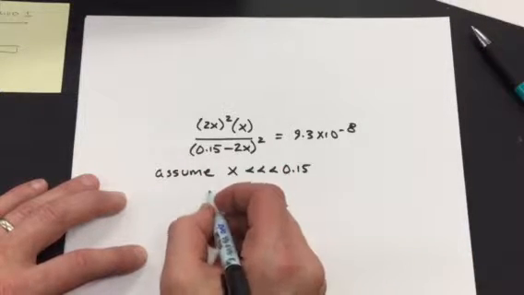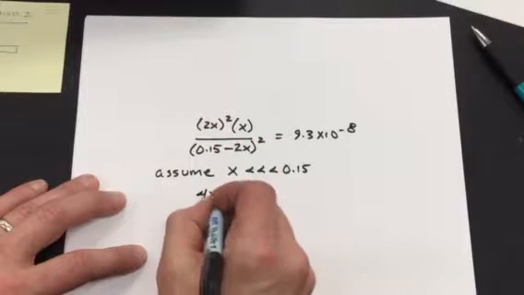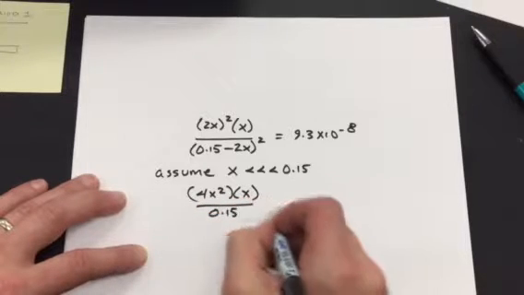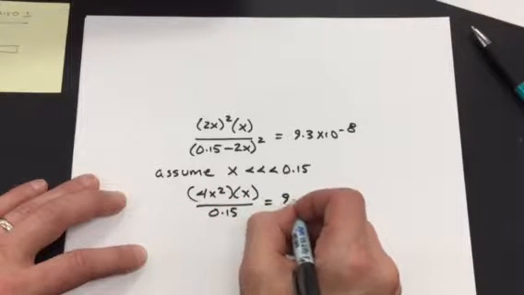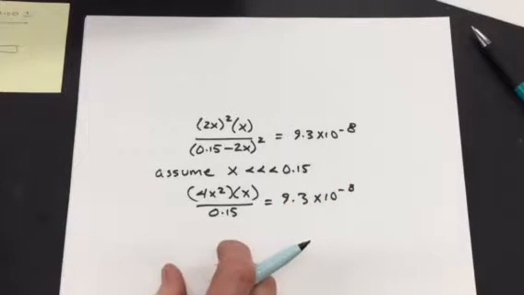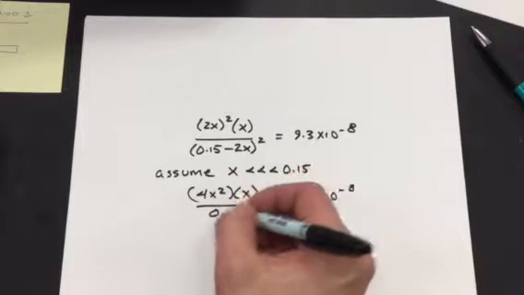So this is going to be, if we put it together, 4x squared times x over 0.15 being equal to 9.3 times 10 to the minus 8. Now it's easier to solve. So if I multiply 9.3 times 10 to the negative 8 power by 0.15, oops, I'm sorry, I forgot that, didn't I?